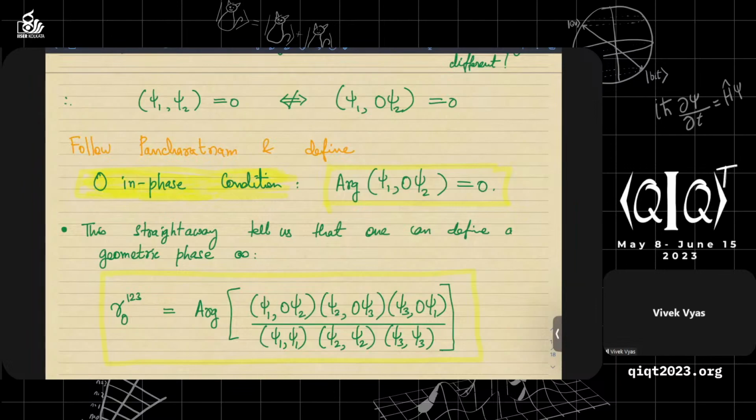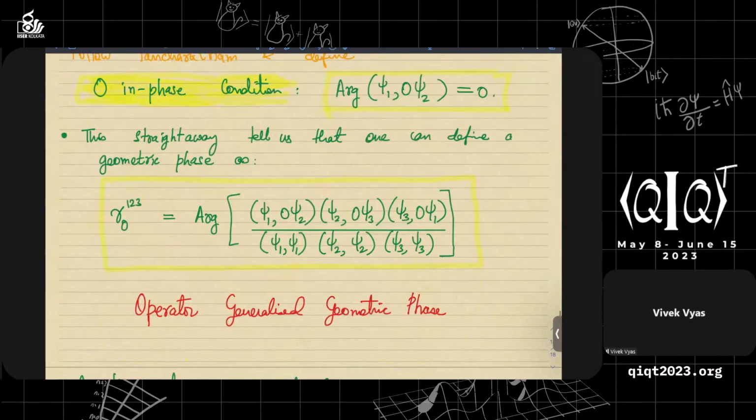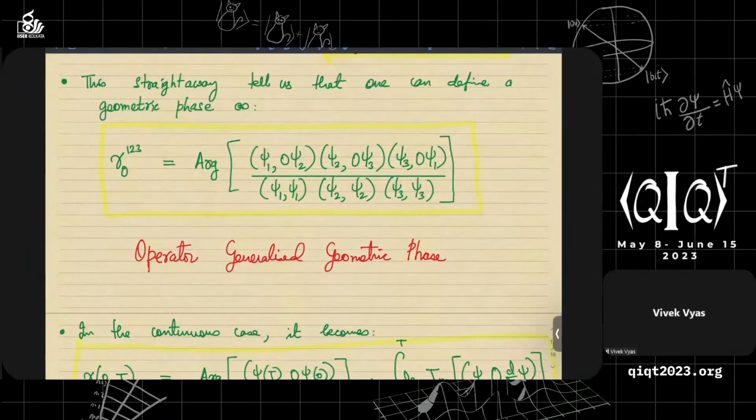And in that channel, you can again ask the question: if the relative phase in that channel is equal to 0, then you say that psi 1 and psi 2, in that channel corresponding to that concept, are in phase. Well, the moment you have defined this in-phase condition, you can straight away follow Pancharatnam and say that I can also define a geometric phase, which is nothing but the sum of 3 relative phases.